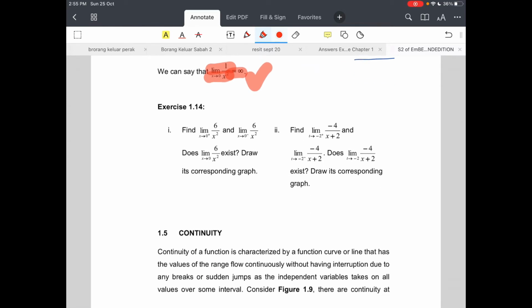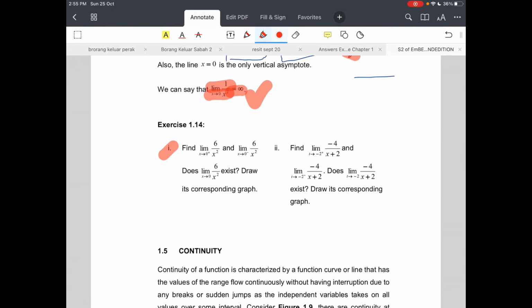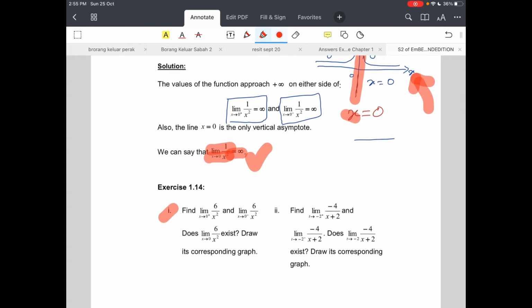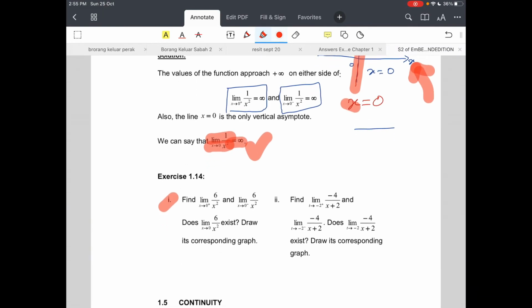Right, now let's look into the exercise. Exercise 1.14. If we can do one question, probably this one. Actually this one is pretty simple. 6 over x squared is similar to this graph here, only that it has a constant. So the answer should be infinity from both the right side and the left side.